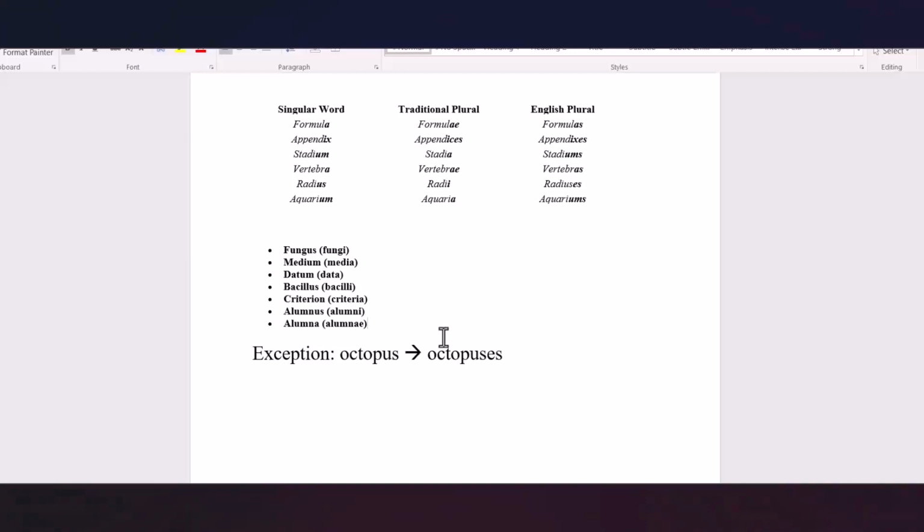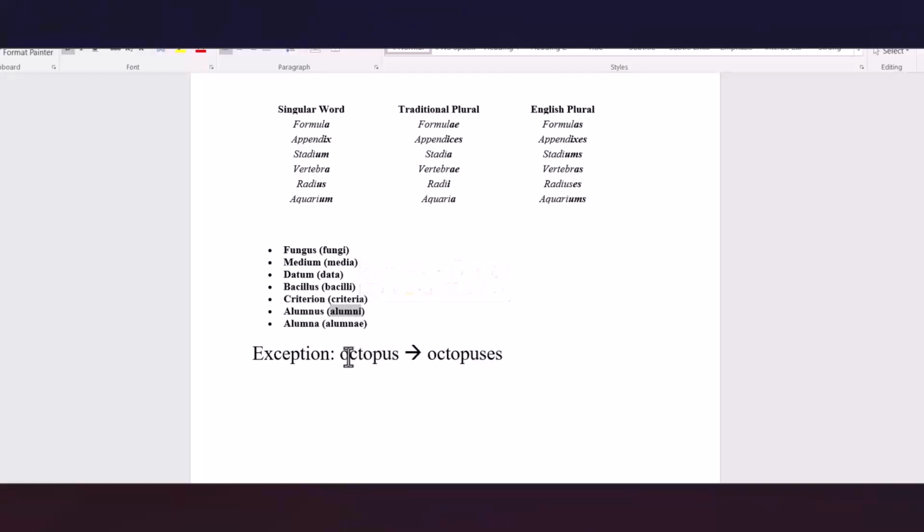Alumni, men graduated from a school. Alumna, a woman graduated from a school or institute or university. Alumnae refers to women graduated from school. And in the case that we have a mixture of men and women graduated from a school, to refer to them, we use the word alumni.